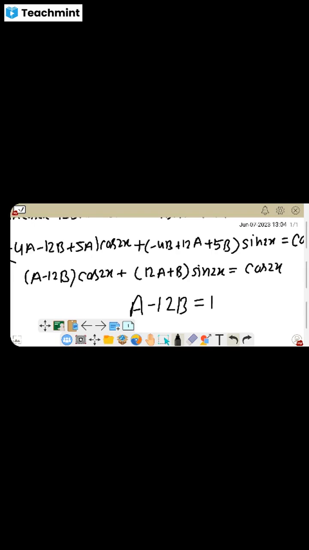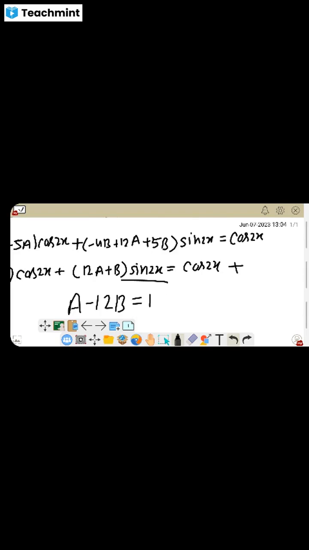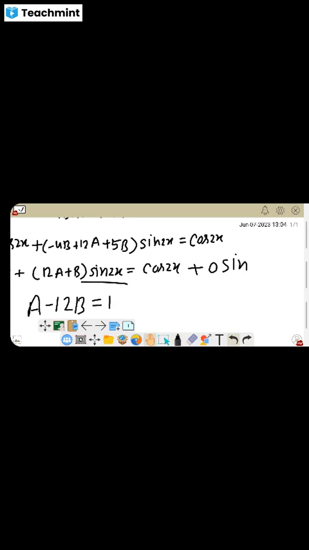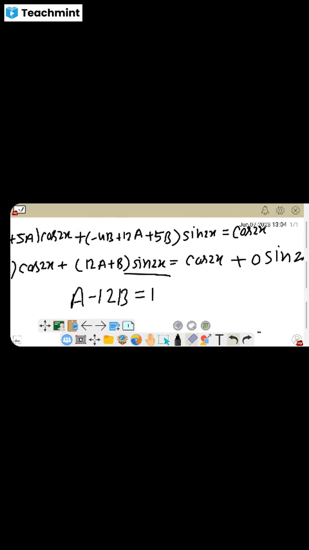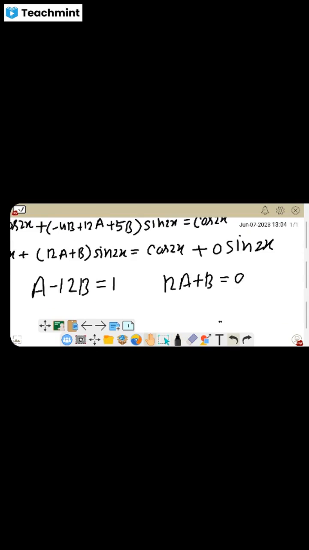But on the right side we don't have a term of sine 2x, so we take the coefficient of sine 2x as 0. This 12a plus b is equal to 0.